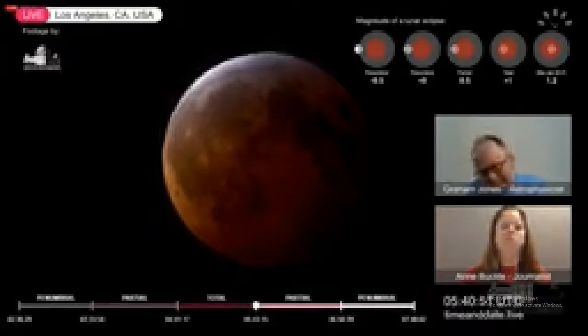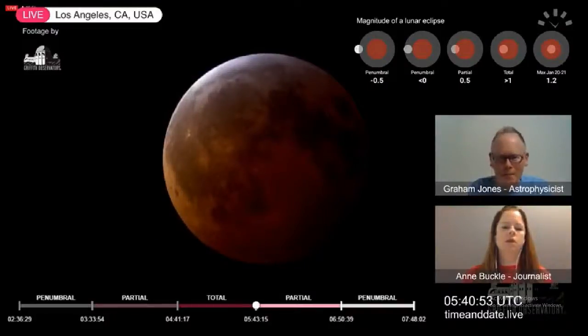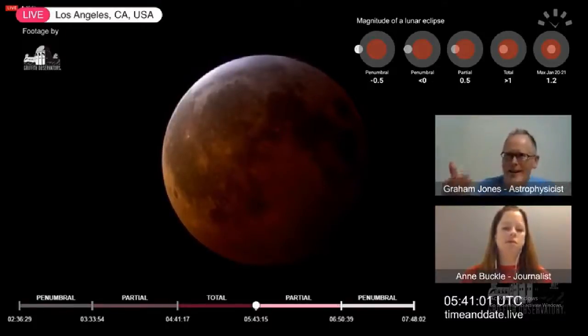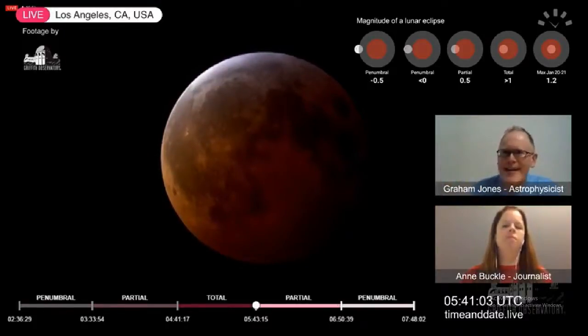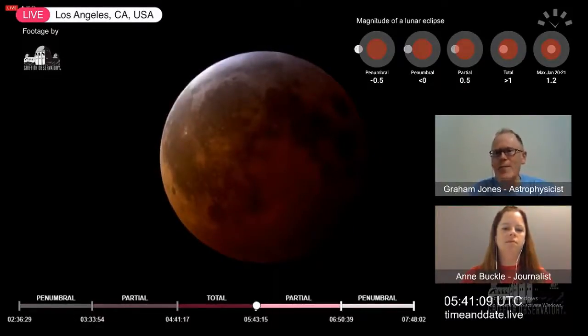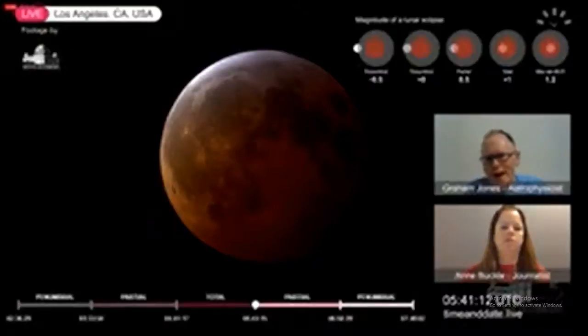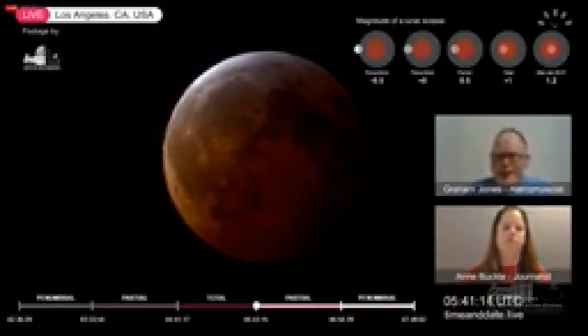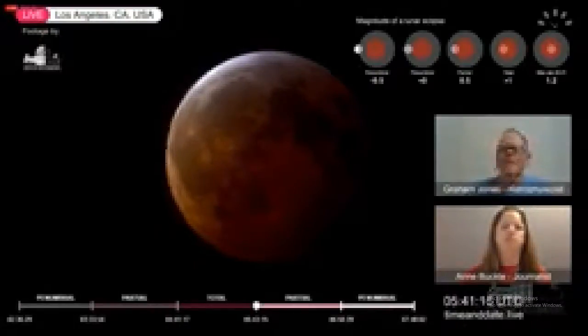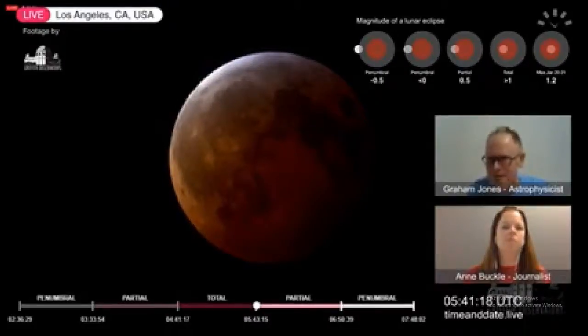It's only just on the very edge of the umbra. And when we move into the partial phase, then the magnitude will fall from 1 through to 0.9, 0.8, 0.7, all the way down to 0 when the second partial phase finishes and we go back into another penumbral stage.